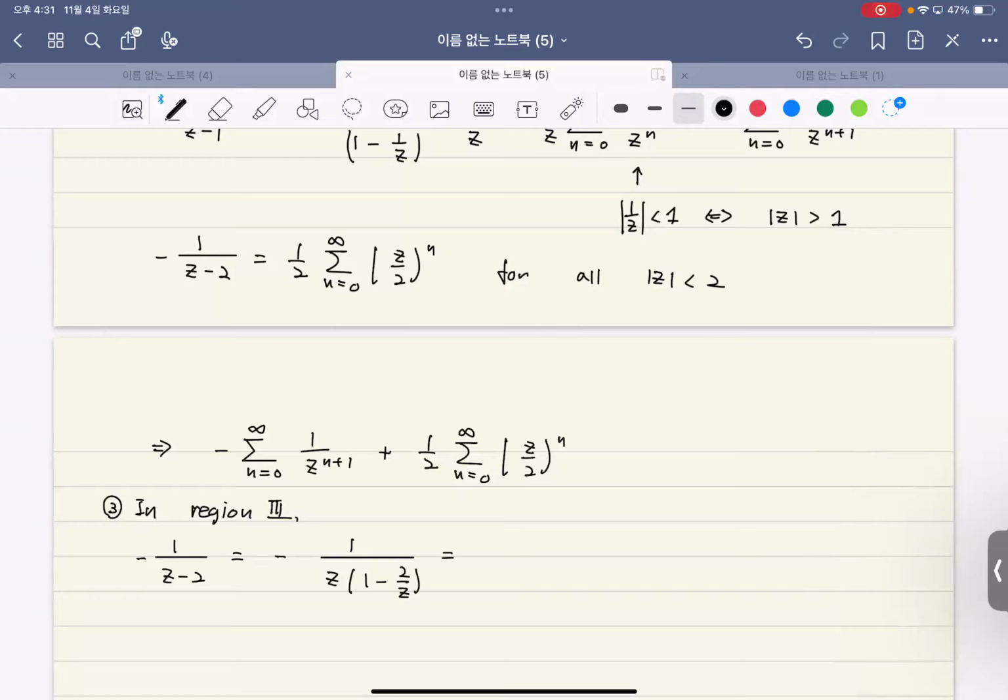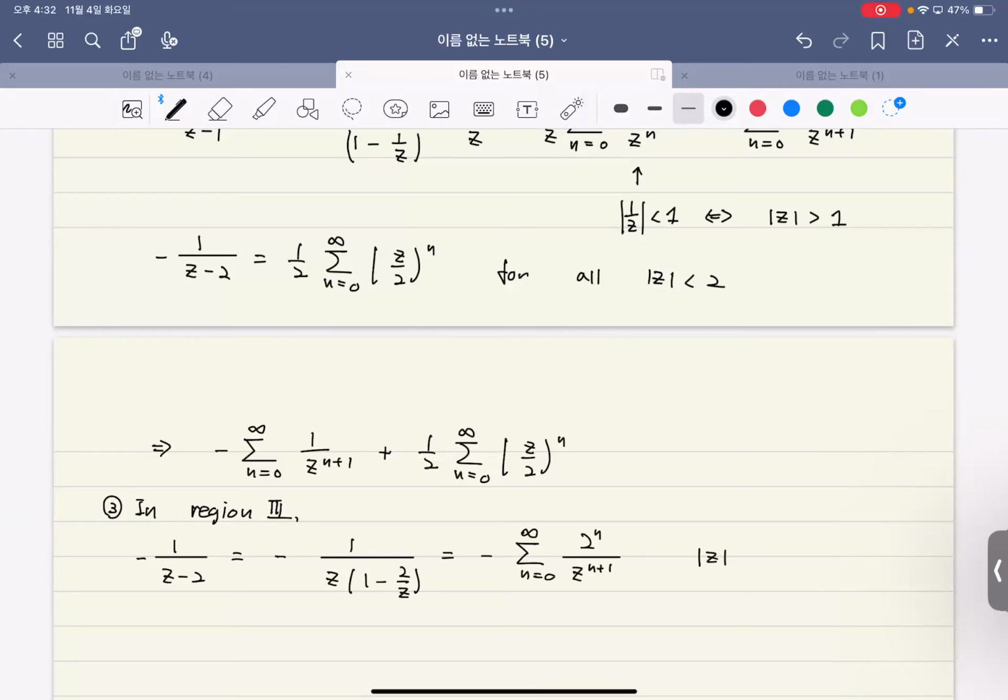And this is minus the sum from 0 to infinity of 2^n over z^(n+1).